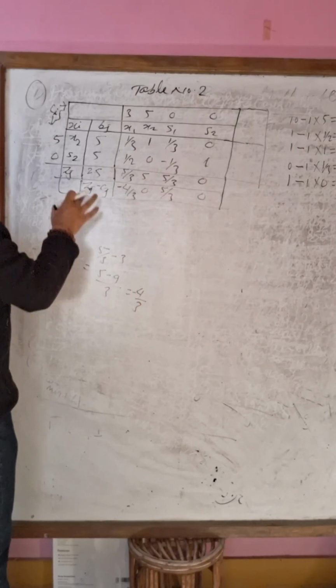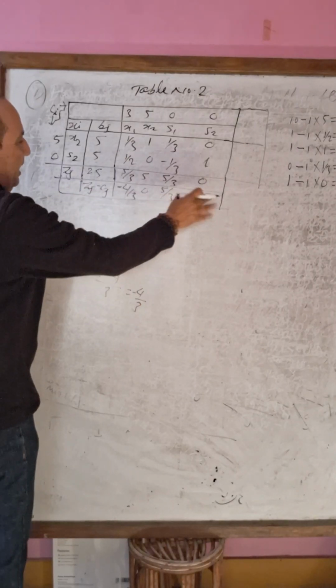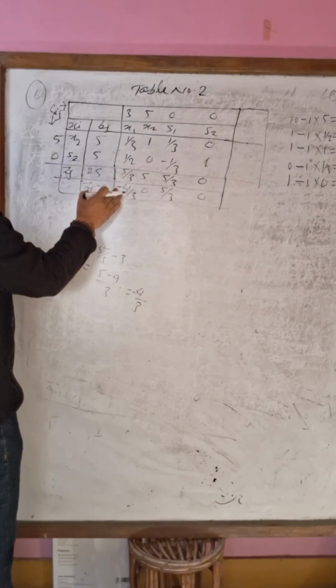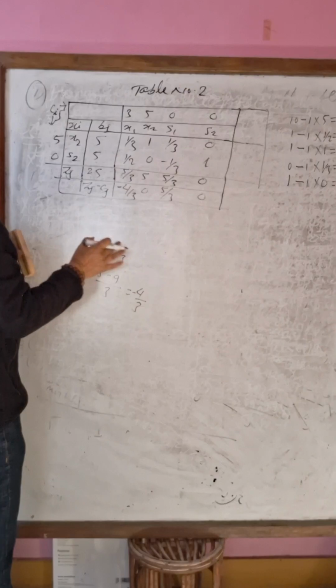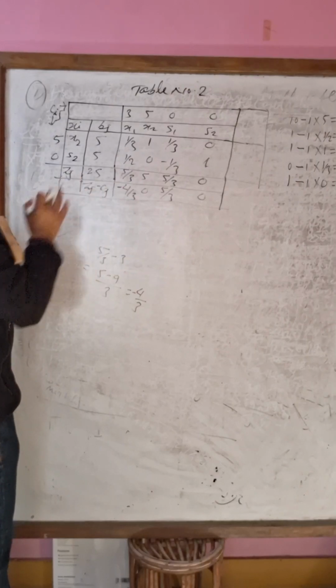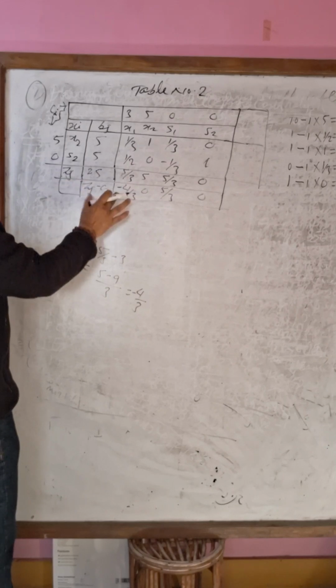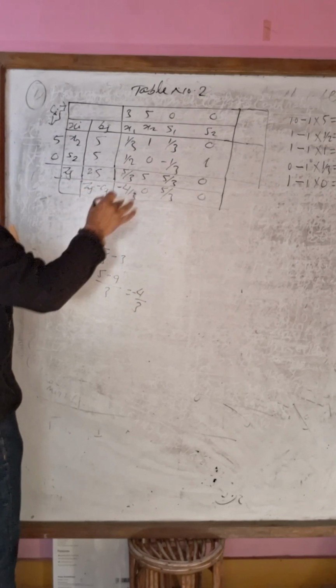Up to that, all ZJ minus CJ values should be positive or 0. Otherwise, we continue to calculate. Here one value is negative, so we continue.